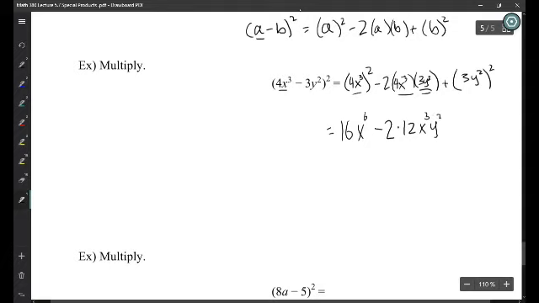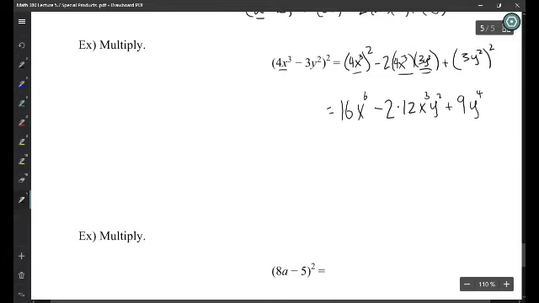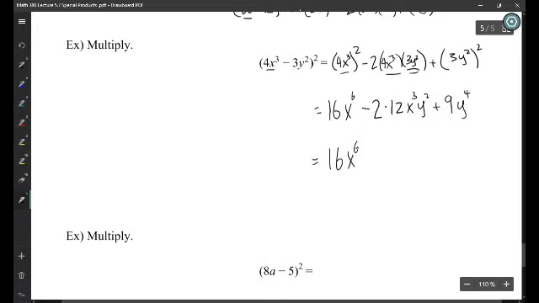And then here, well, 3 squared, 9. y squared, squared, y to the 4th. And then we have 16x to the 6th. 2 times 12, 24, so minus 24x cubed y squared plus 9y to the 4th.